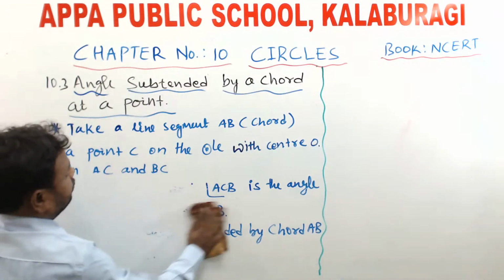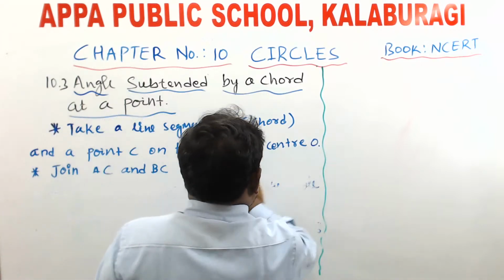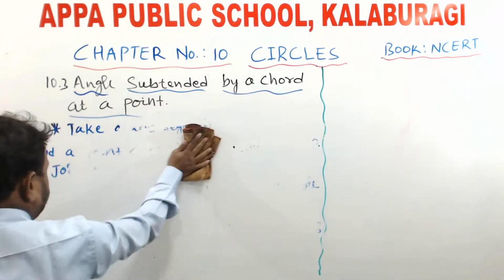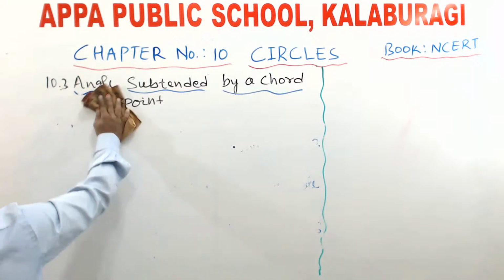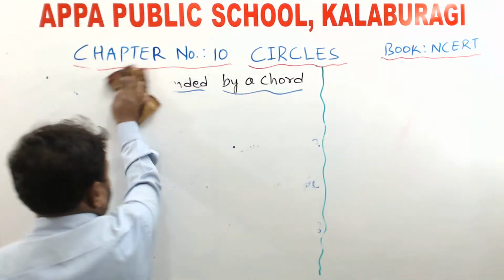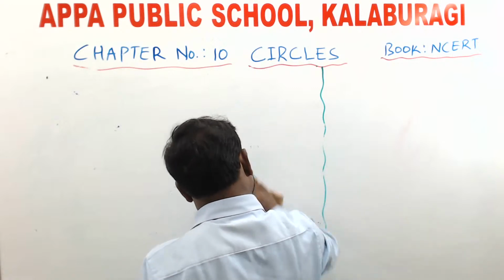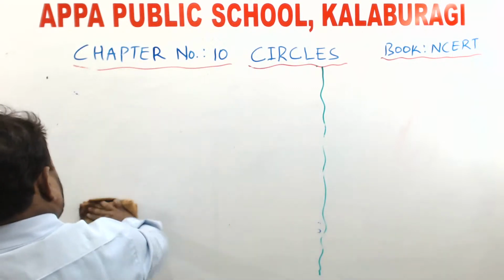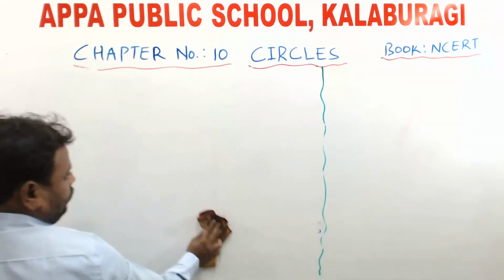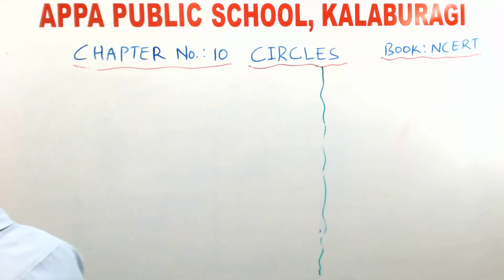Angle subtended by a chord at a point. The next is theorem 10.1.